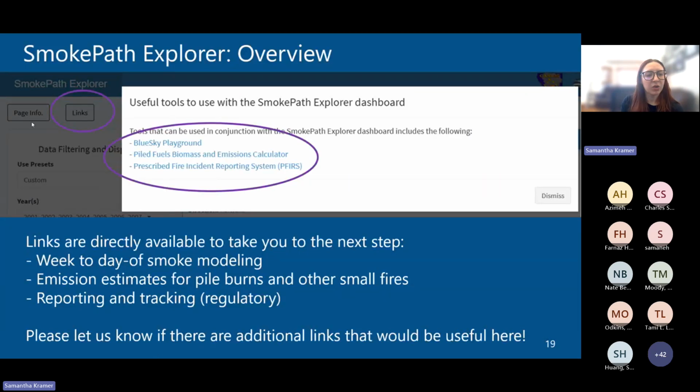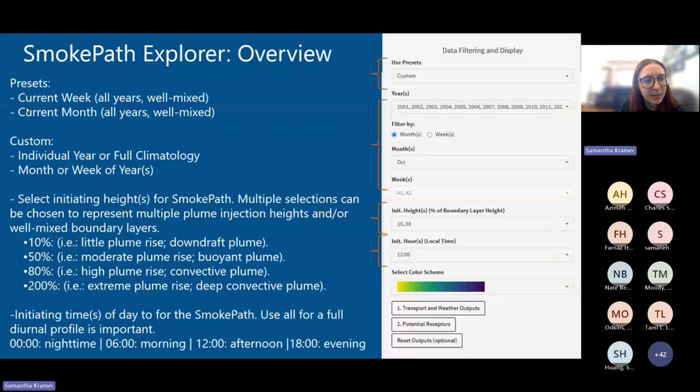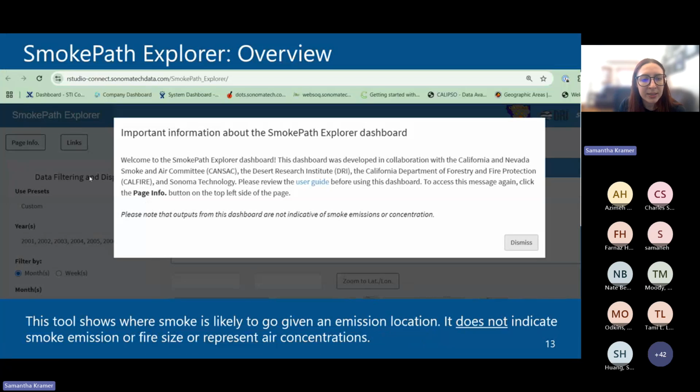On the website in the upper left corner, there's a button called Links, and that will bring you to the links for PFERS, BlueSky Playground, and the piled fuel biomass calculator. Then if you hit the Page Info button on the upper left, it opens up this disclaimer, and the user guide is linked right there. You can click on that to get to the user guide.